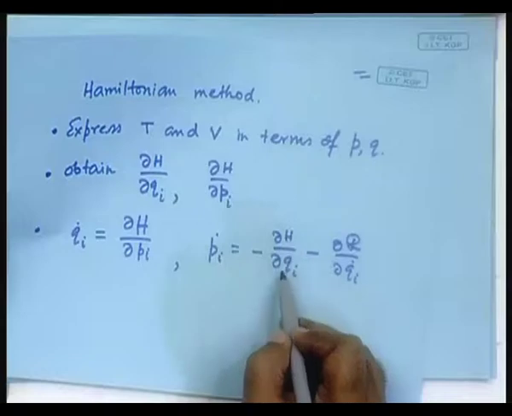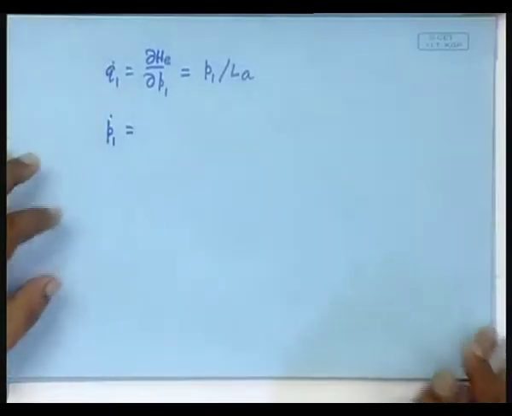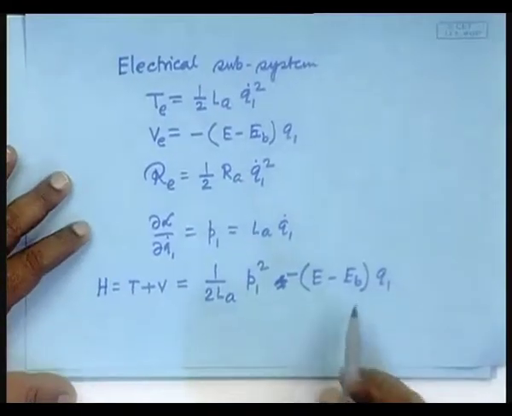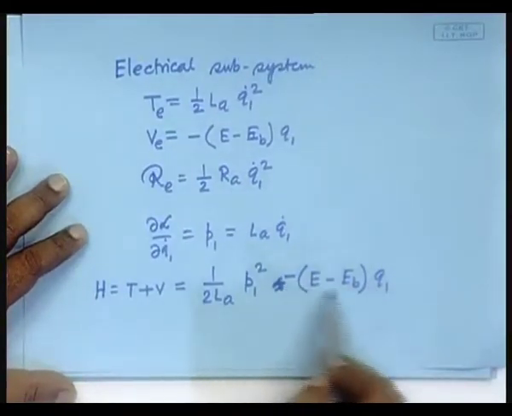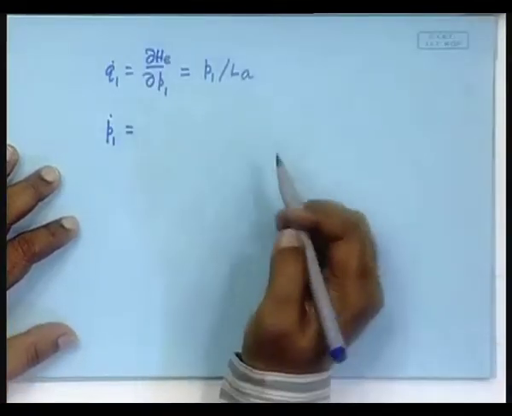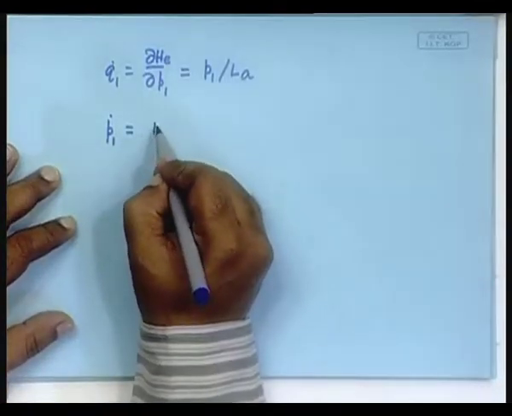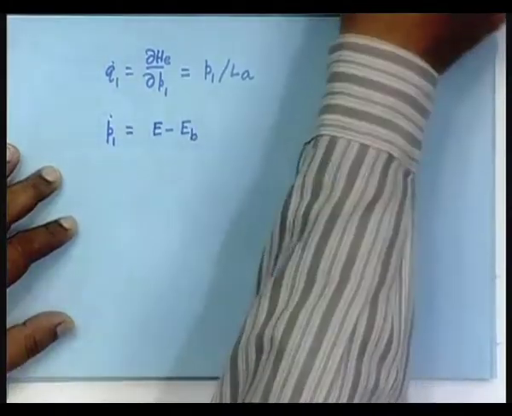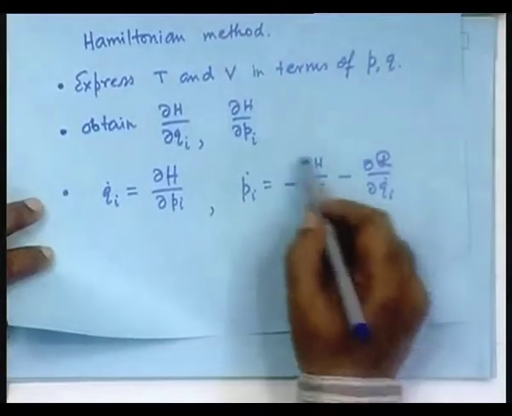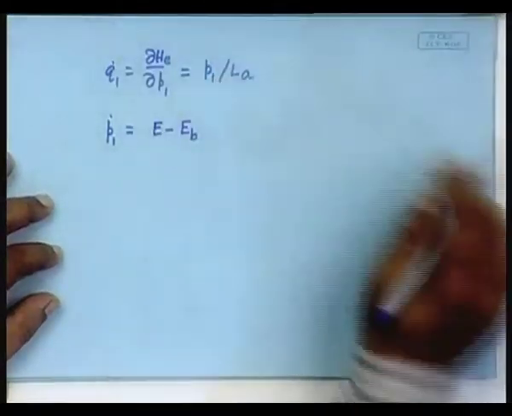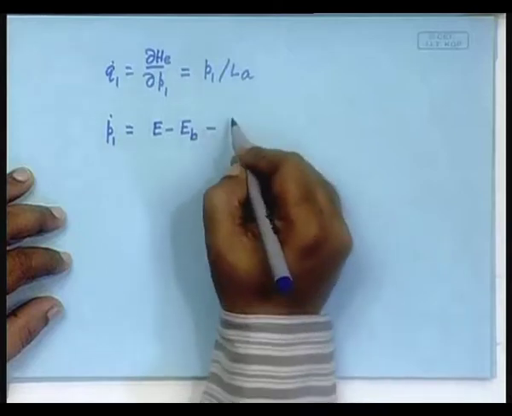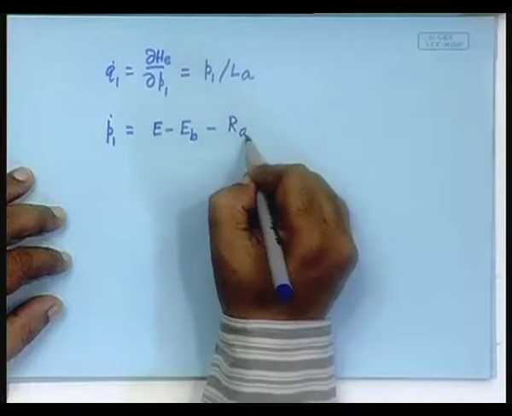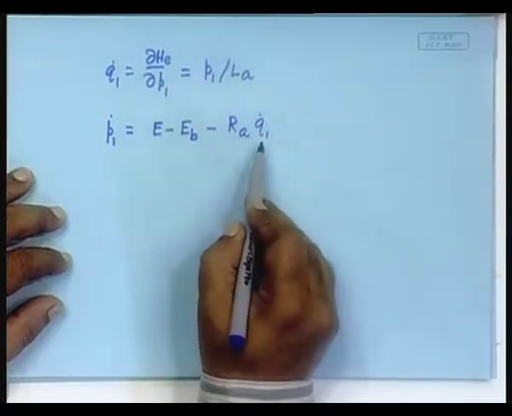Take a derivative with respect to Q1, it will be minus of that term, so E minus EB, because it was negative here, minus RA Q1 dot, but Q1 dot I do not want on the right hand side.